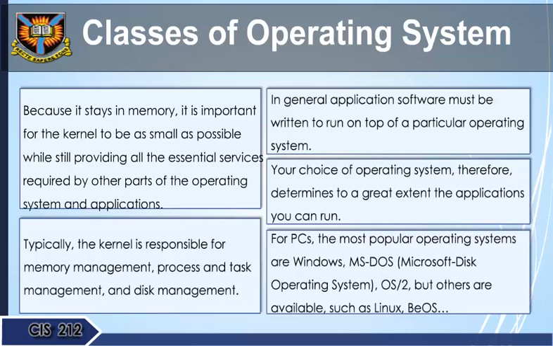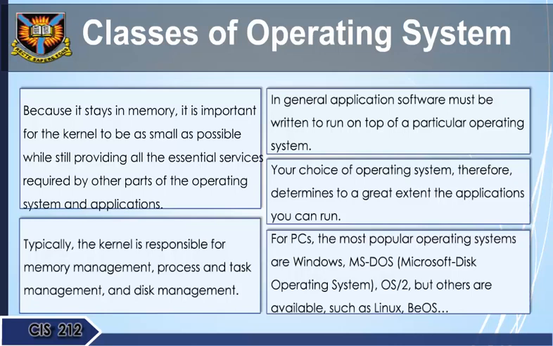Typically, the kernel is responsible for memory management, process and task management, and disk management. In general, application software must be written to run on top of a particular operating system. Your choice of operating system, therefore, determines to a great extent the applications you can run.